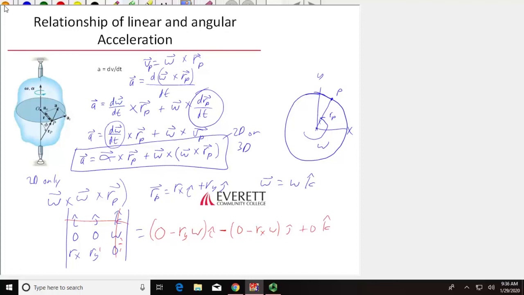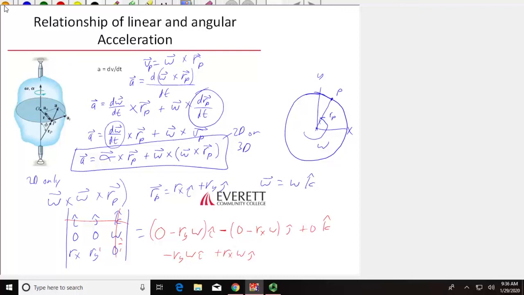So we end up with negative r_y omega i plus r_x omega j. Any questions about that? I'm doing something very longhand here that you're going to be able to use a shortcut for later. So this derivation will help us in the future.